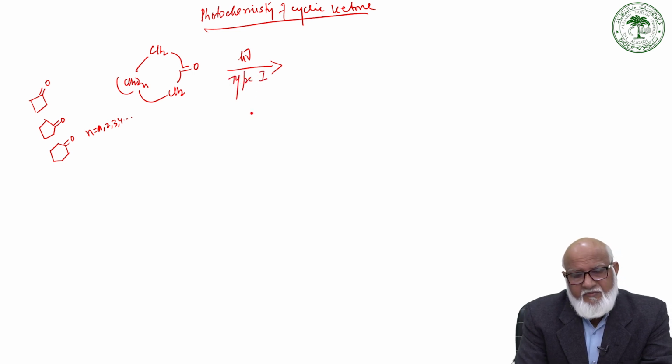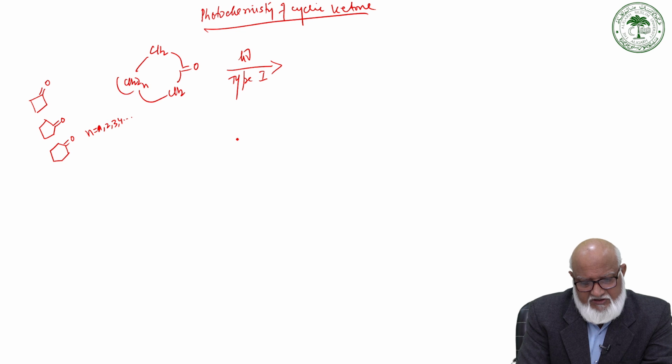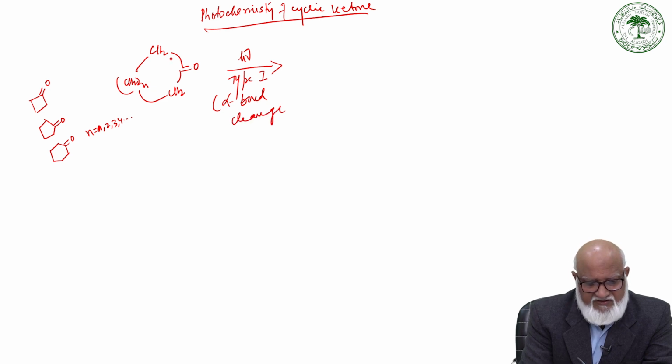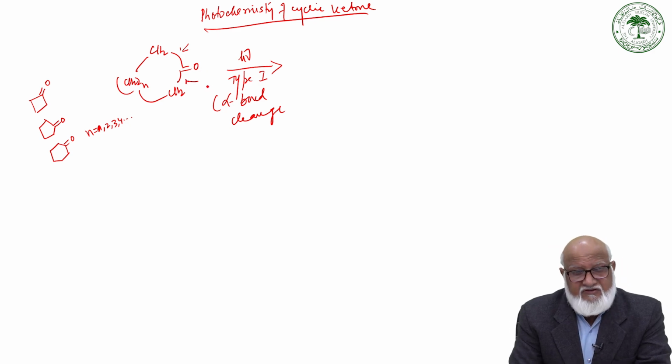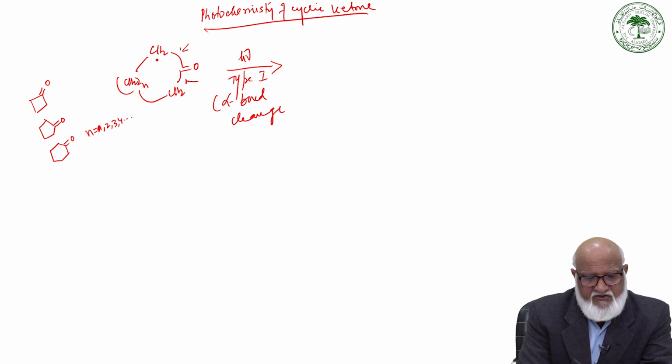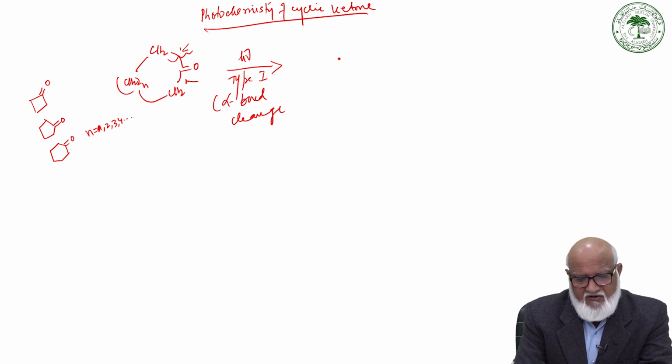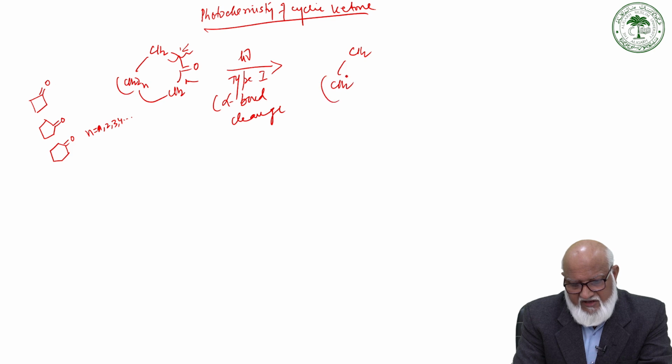The very prominent photoreaction in these cyclic ketones, alicyclic ketones, is the type 1 reaction, which is nothing but alpha bond cleavage. These are also alpha bonds. This is symmetrically substituted, so we can cleave any of these alpha bonds.